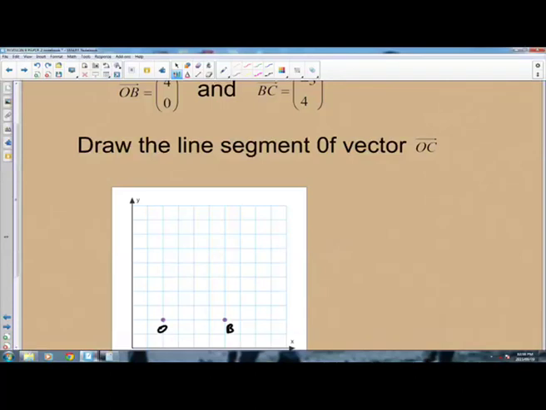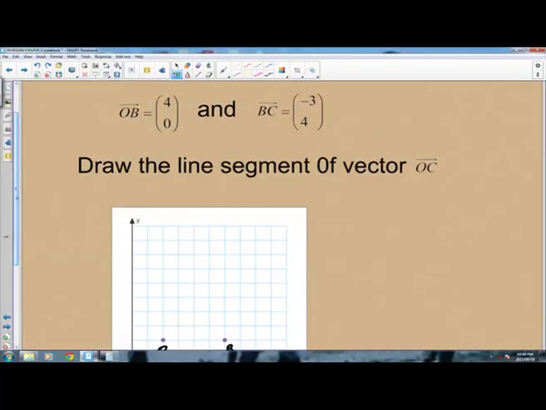This is B. So BC says we are to move minus 3 steps. Negative simply means we are to move on the left hand side. So this will be 1, 2, 3 and then 4 steps up. 1, 2, 3, 4. This is where the point C will be. This is our point C.